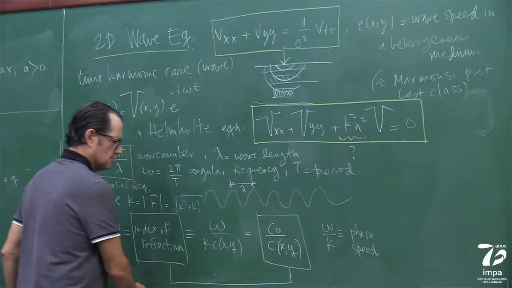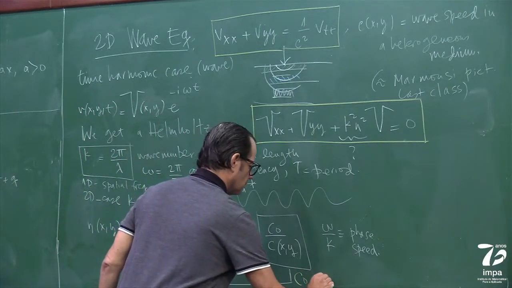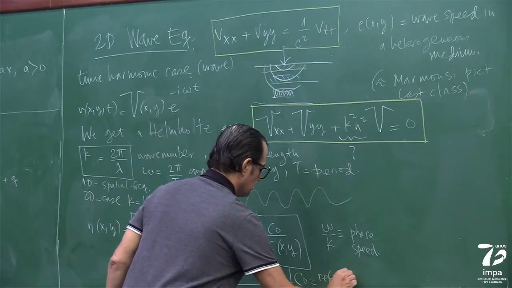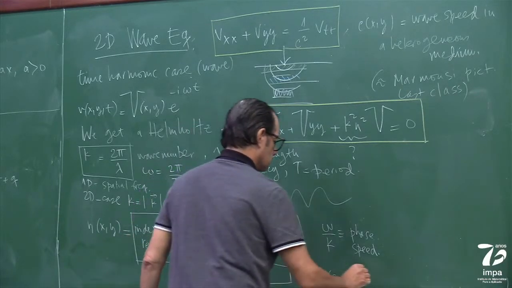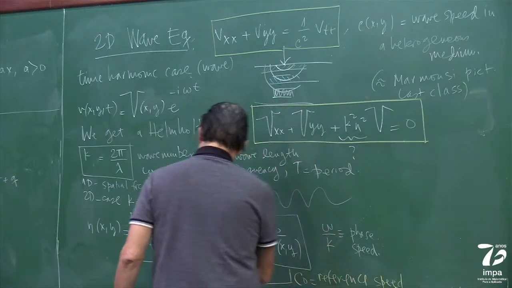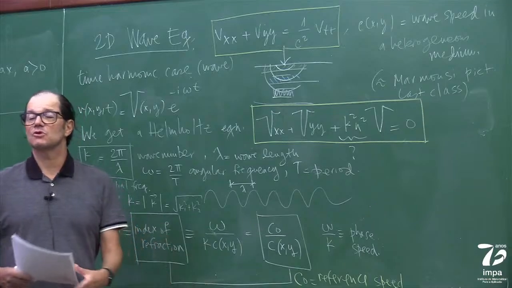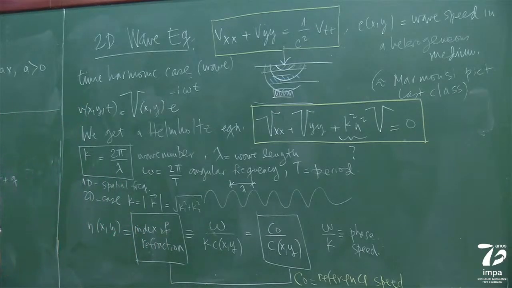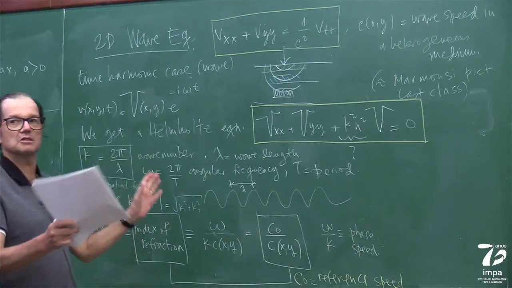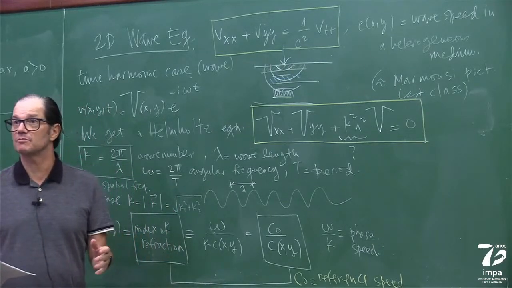Because the C0, we're going to use this later on a lot in asymptotics, some reference numbers. So think that C0 is a reference speed. So it's like a typical speed of an acoustic wave, okay, in this region. But the speed might be varying because of different materials.